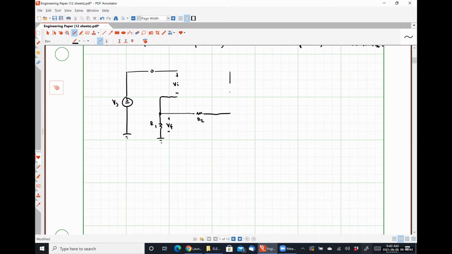Here's my resistance R2. This is A1 VI. There is my output signal. So I know what my feedback signal is, I know what my output signal is, I know what my source signal is, and I know what my error signal is. So I have all the different parts that I could possibly want if we were analyzing this from a system level.